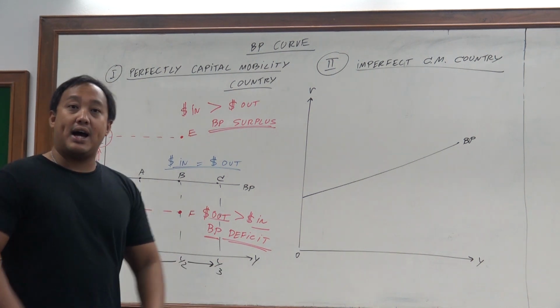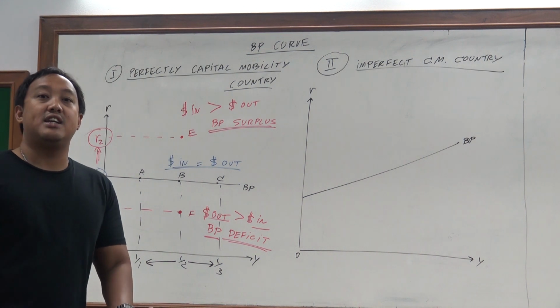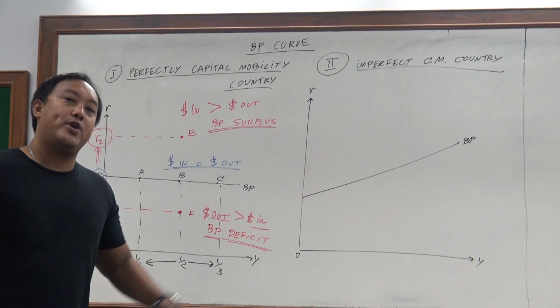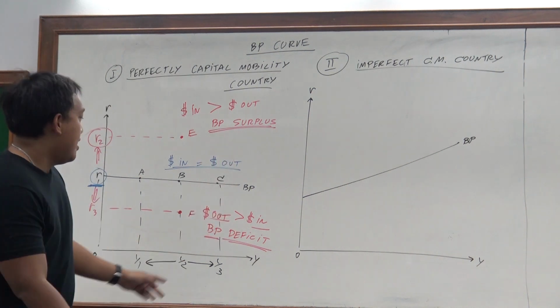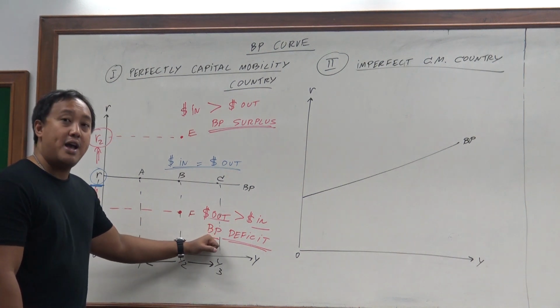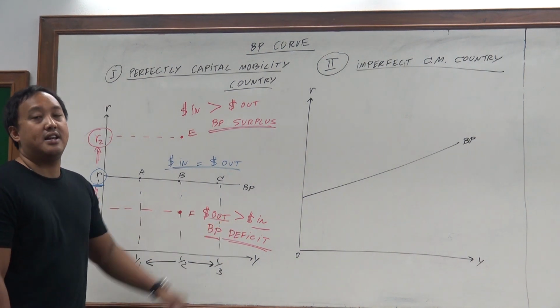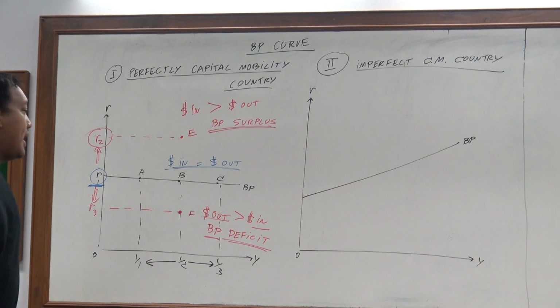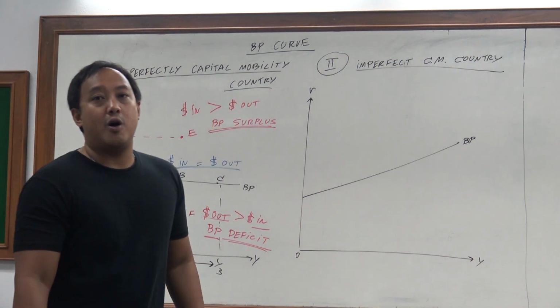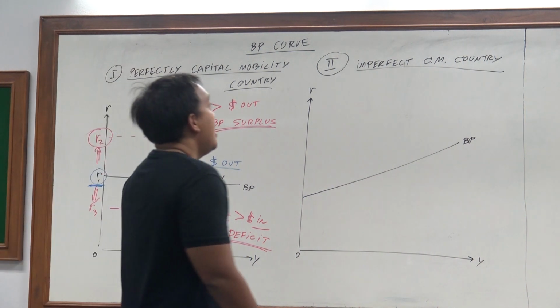Nobody wants to flow money to our country, because the return is too low. Everyone wants to move their money out and invest in other countries. The money flows out more than the money that flows in, so the balance of payment becomes a deficit. This is the case of perfect capital mobility.